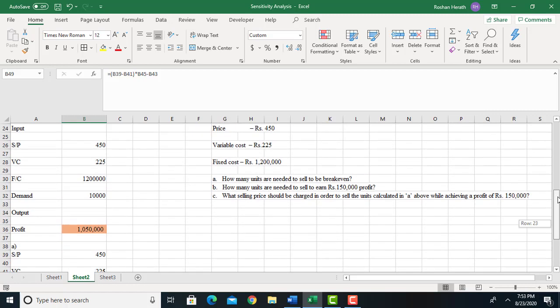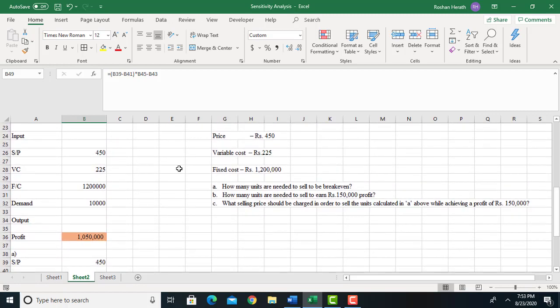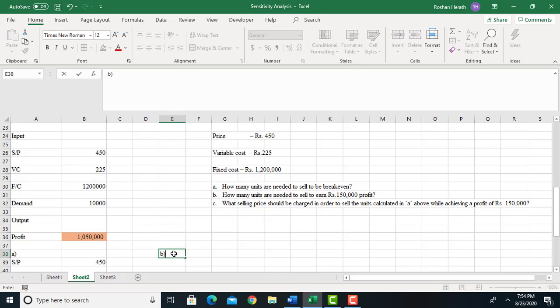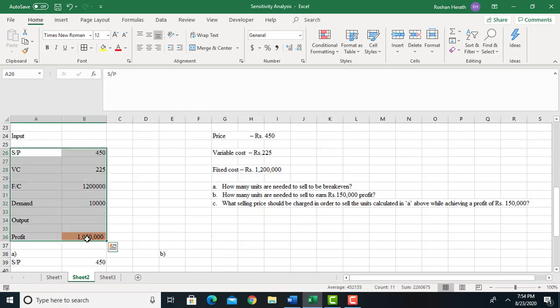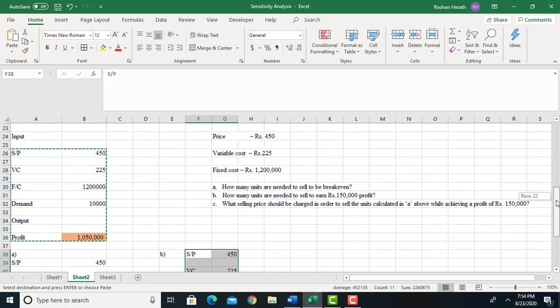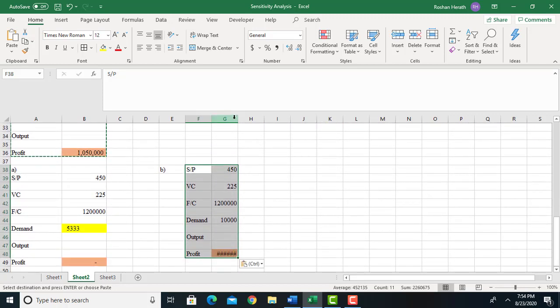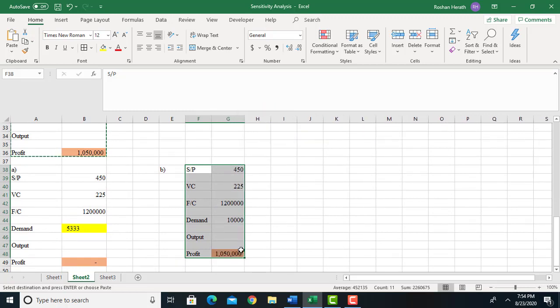Then it asks how many units are needed to sell to earn rupees 150,000 profit. So let me copy this basic information for part B. It asks how many units are needed to sell to earn 150,000 profit. So this time they have specified the profit. You want the profit to be 150,000, and what must be the units?